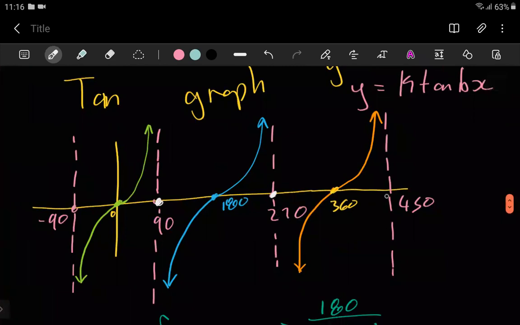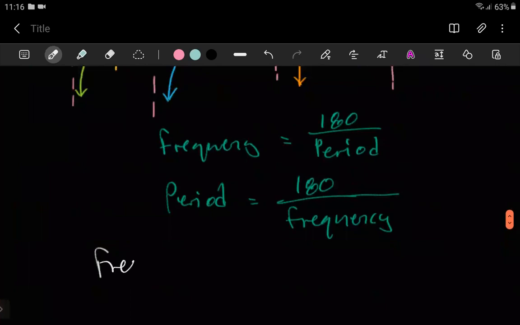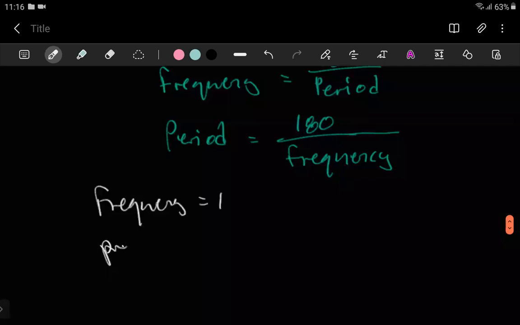From here to there, that's a full graph, 180 degrees in total. From here to there, another 180. From here to there, another 180. That's why here we can see the frequency is 1, but then the period is equal to 180 degrees, because in a space of 180 degrees, that's where you're getting a full graph.